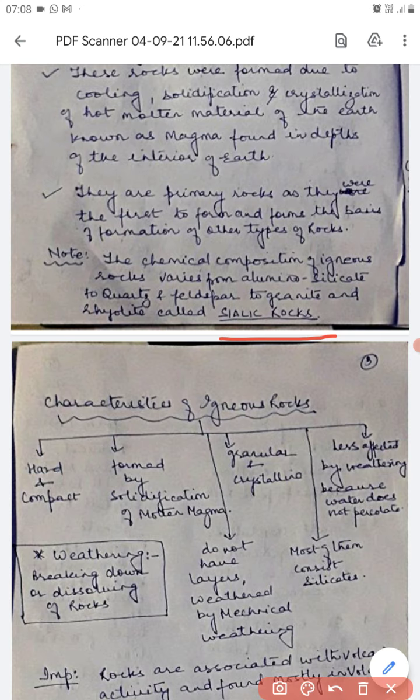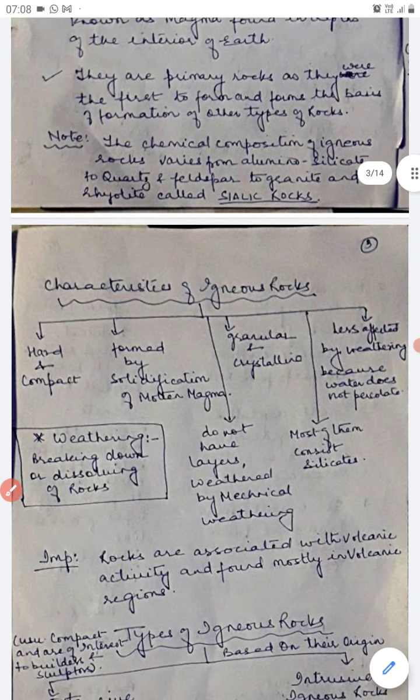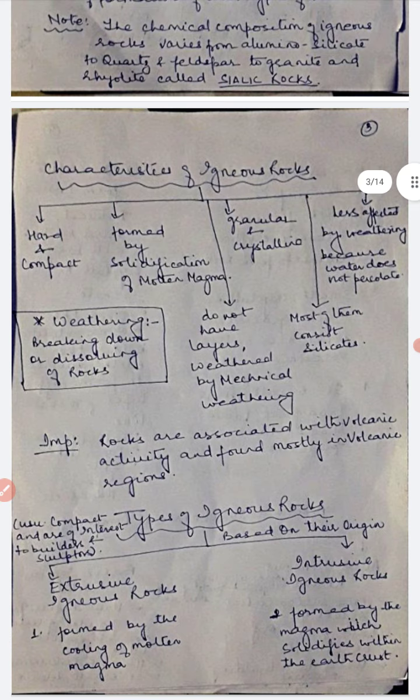Now, characteristics of igneous rocks. The first characteristic is that they are hard and compact, since they are formed from the cooling, solidification, and crystallization of the hot molten material. So they are very hard, solid and compact.